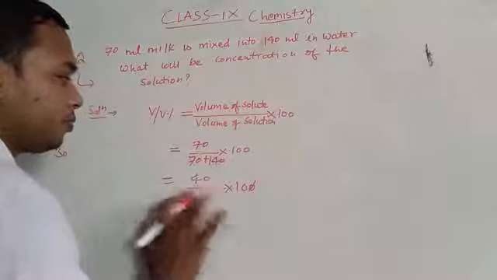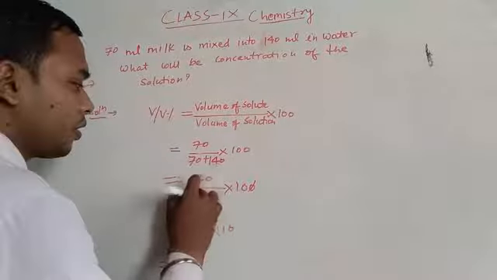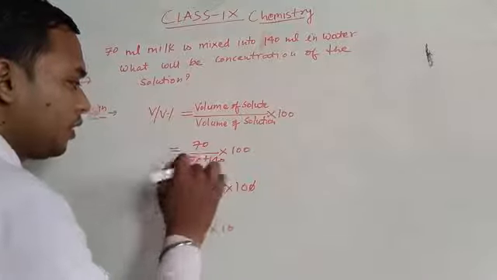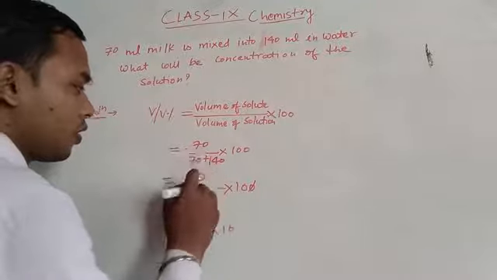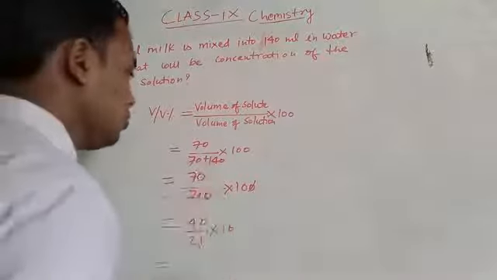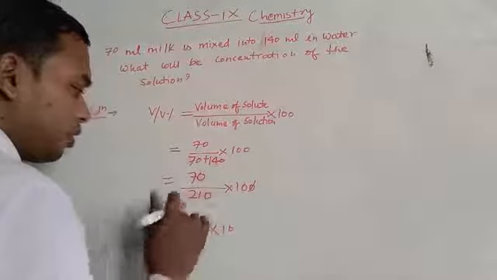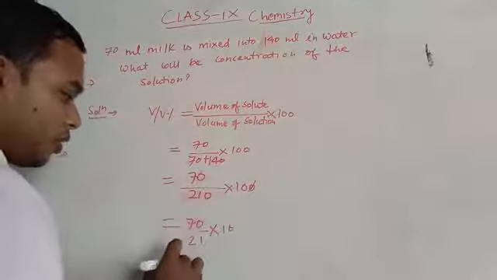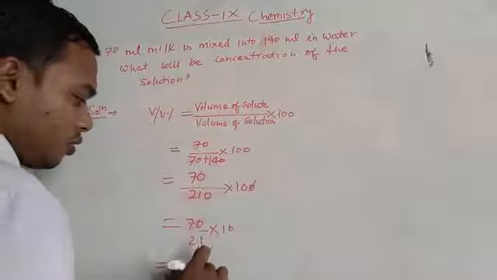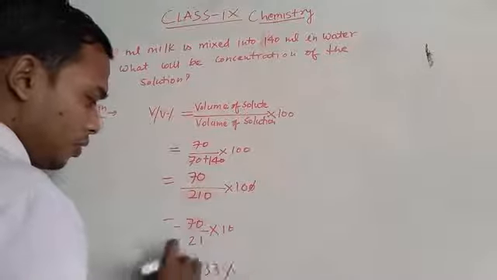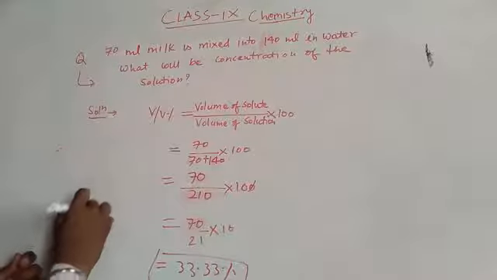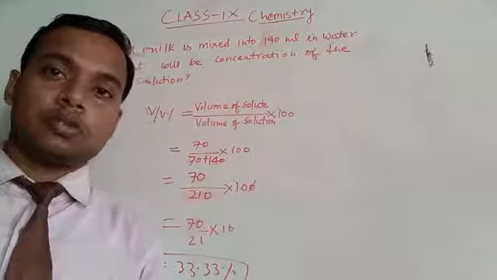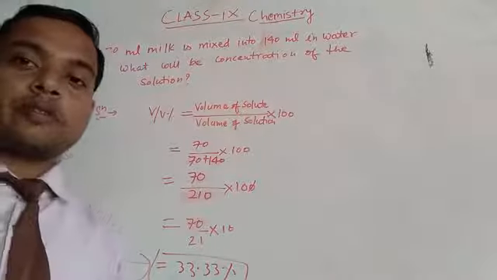After addition, 70 upon 210 into 100, so the volume by volume percentage will be equal to 33.3%. Now another aspect we will discuss in the next video.